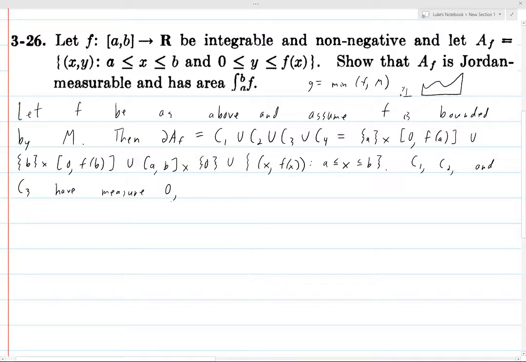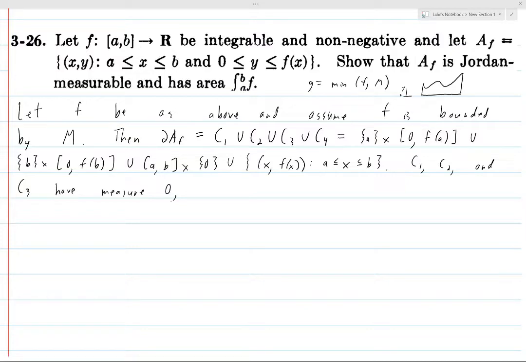So let's say the y values will still go from 0 to f of a, and the x values will go from like a minus epsilon to a plus epsilon. And then the total area would be 2 epsilon times f of a.